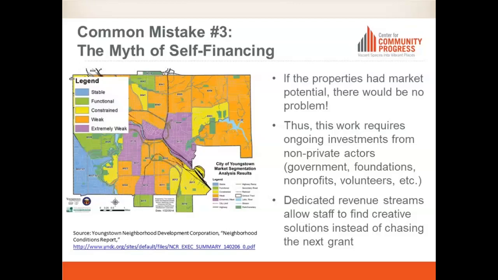The greatest cost is doing nothing. So yes, this work is going to be capital intensive, but the community should think about shifting resources from reacting to a problem to addressing it proactively through a land bank and other comprehensive approaches.